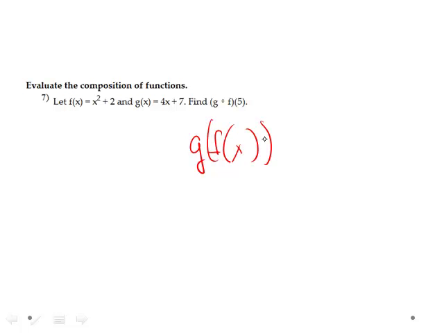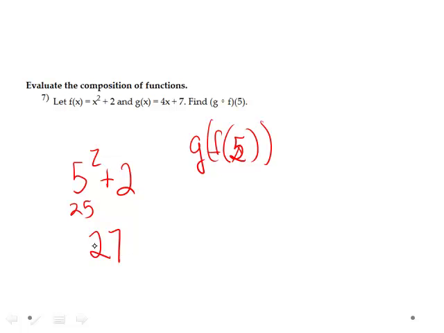Okay, so f of x is, or f of 5, I guess you would say, so it's 5 squared plus 2, which is 27. 5 squared is 25. 25 and 2 is 27.